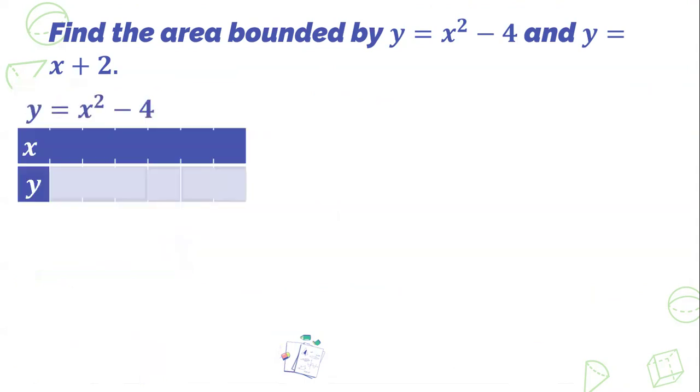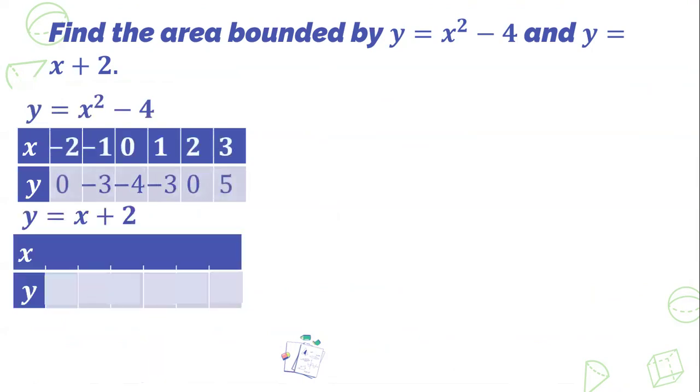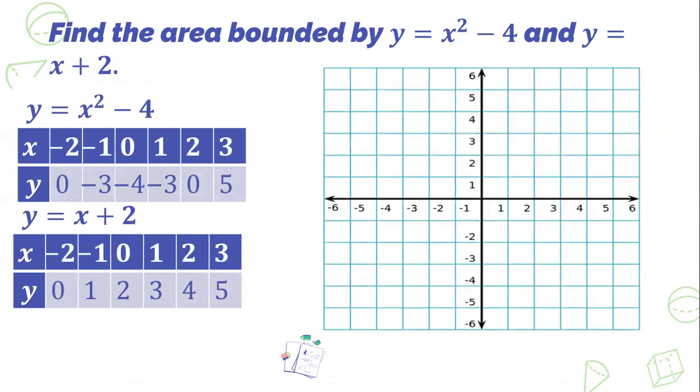Next, we plot so that we can view which is the top function and which is the bottom function. You can assign any values as long as it fits the graph. So we have negative 2, 0, negative 1, negative 3. The vertex is 0, negative 4. We have 1, negative 3, 2, 0, and we also have 3, 5.